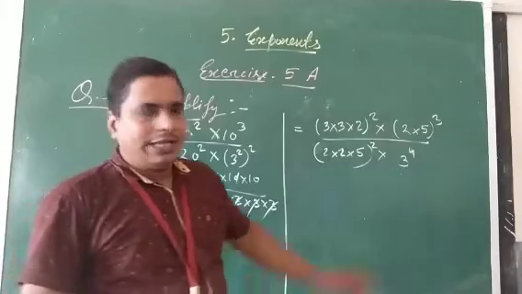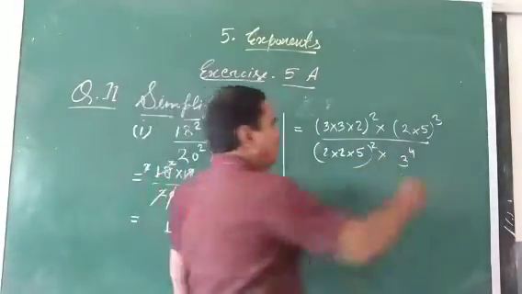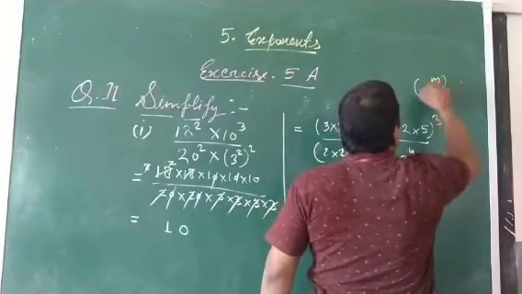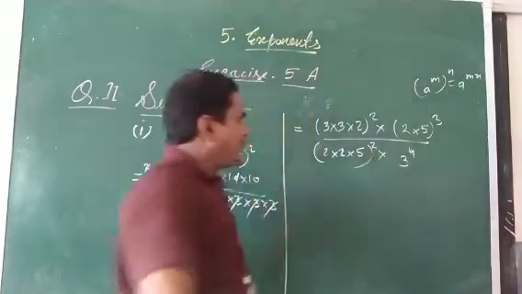Here we use the rule of power of power, that is, a to the power m to the power n is a to the power m times n.